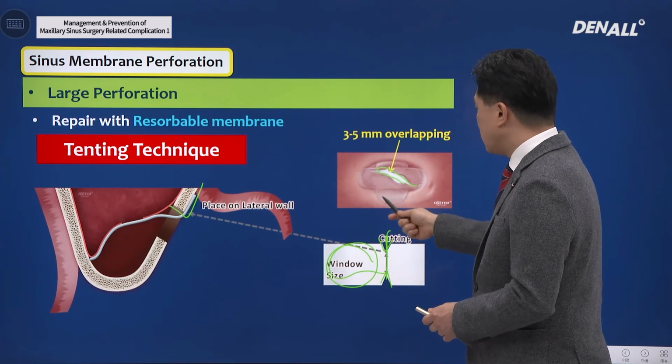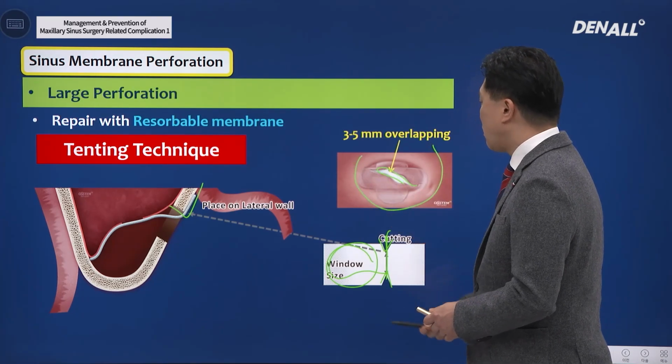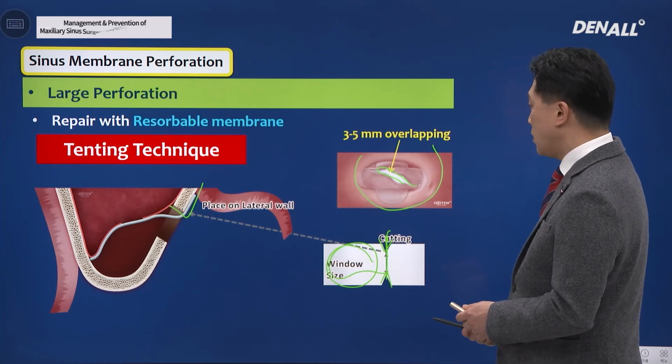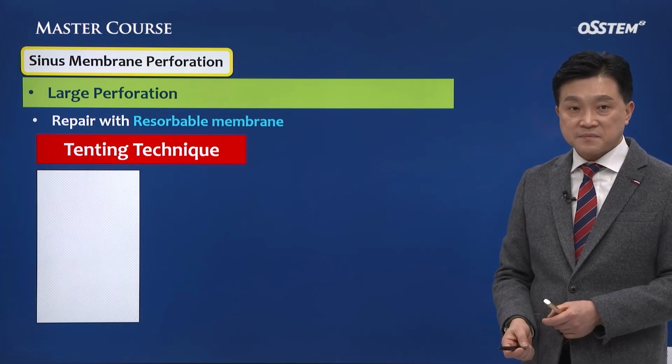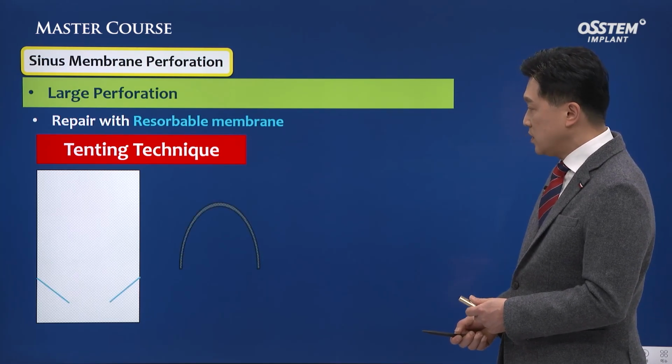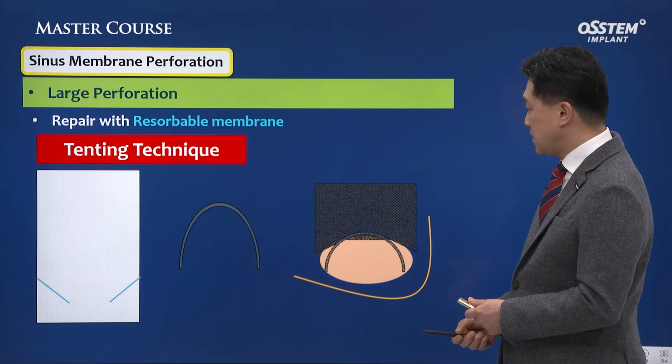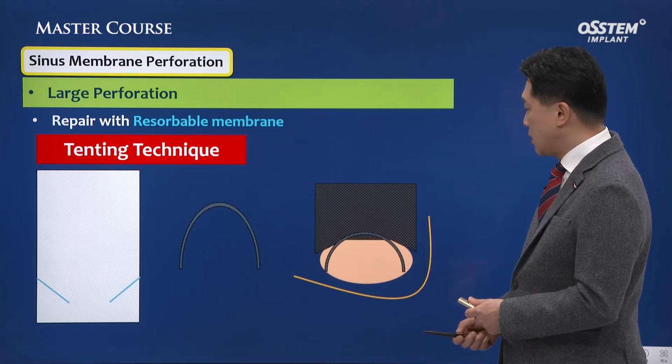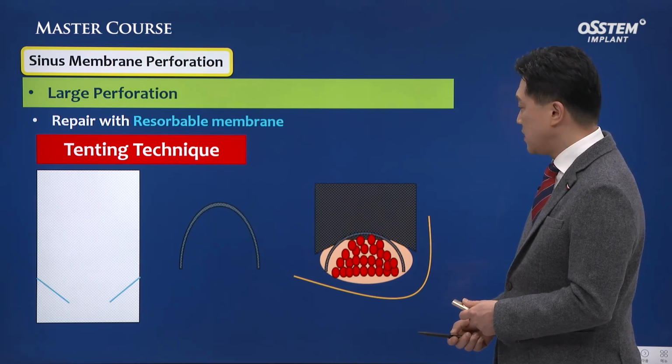The size of this is about 3 to 5 millimeters larger than the perforated area. When you use the tenting technique, you use it like this. You reverse it and use it. You fold it and it goes in.